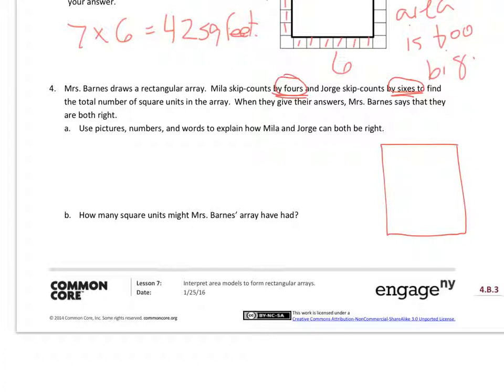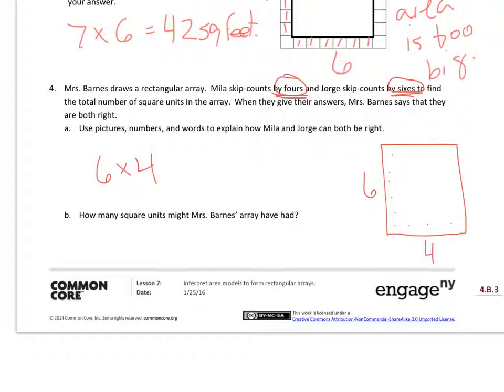You could also go 4 down here and 6 here. And 6 times 4. So if Mila here skip counts by 4s, she would be counting the columns. And if Jorge skip counts by 6s, he would be counting the rows.